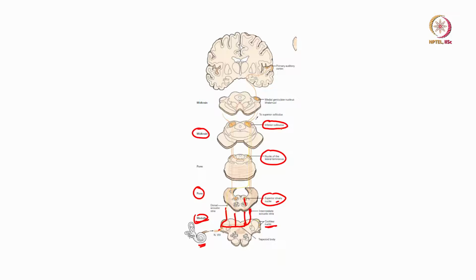So, inferior colliculus, then there are some fibers which go to the superior colliculus over here, but more than superior colliculus, the next way station is the medial geniculate body. So, MGB, and from the MGB it goes all the way into the temporal lobe.